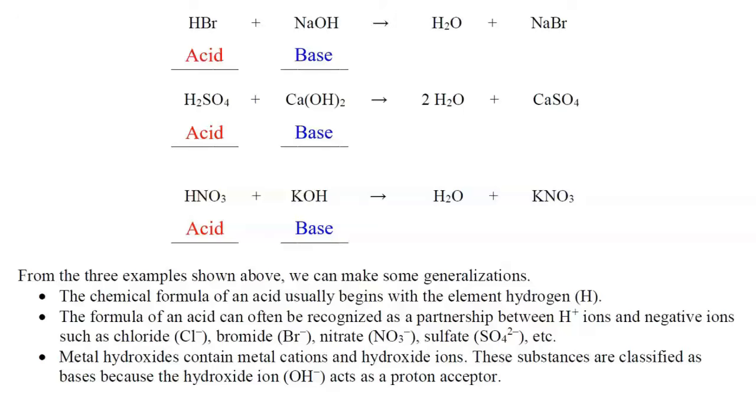So from the 3 examples shown above, we can make some generalizations about acid-base chemistry. The chemical formula of an acid usually begins with the element hydrogen.